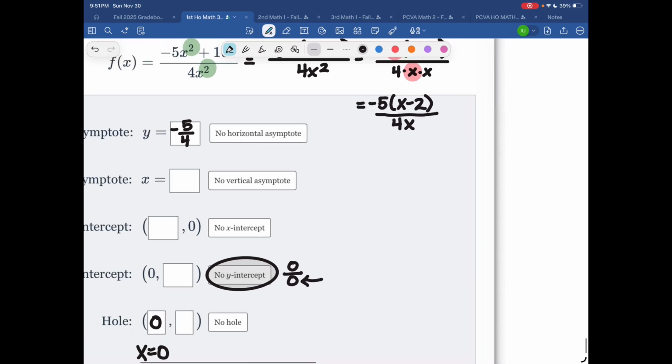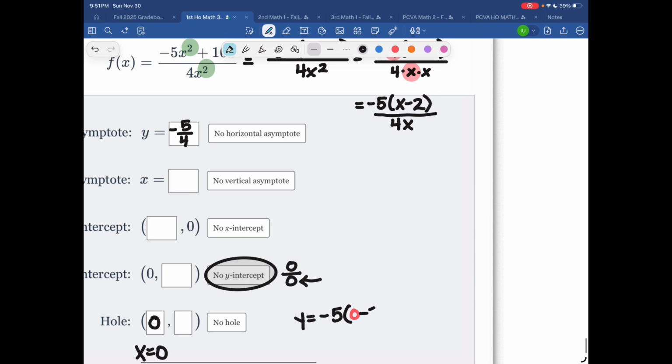Now, we want to find the actual location with the entire coordinate, so we're going to substitute in 0. So everywhere I see an x, I'm going to substitute 0 in, which is the x value that we got for the hole. And we make sure we do this in the simplified version.